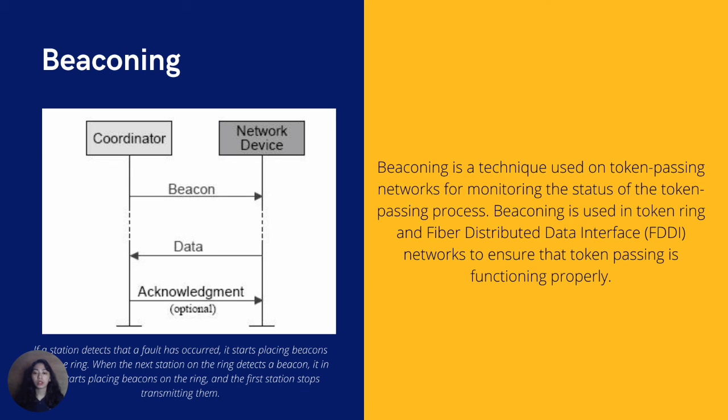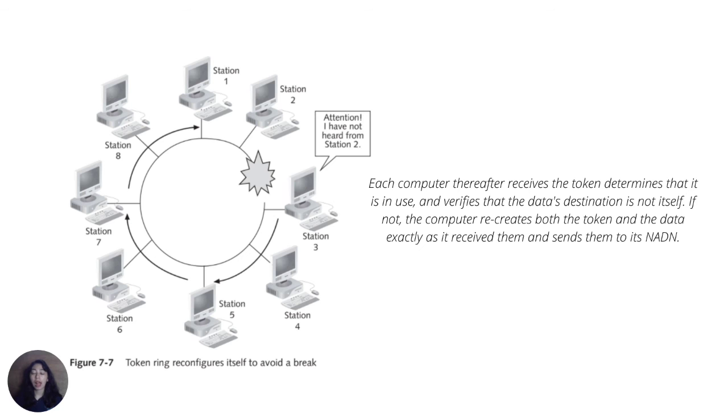Beaconing is used in token ring and fiber distributed data interface, or FDDI, networks to ensure that token passing is functioning properly. As shown in the figure below, if a station does not hear from its upstream neighbor in 7 seconds, it sends a packet down the ring that contains its address, the address of its NAUN, from which it received no packet, and a beacon type.